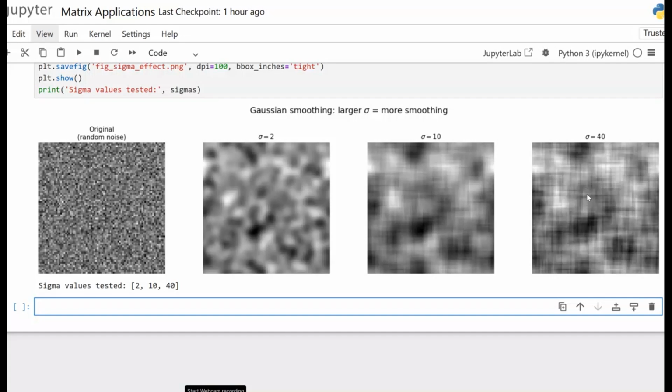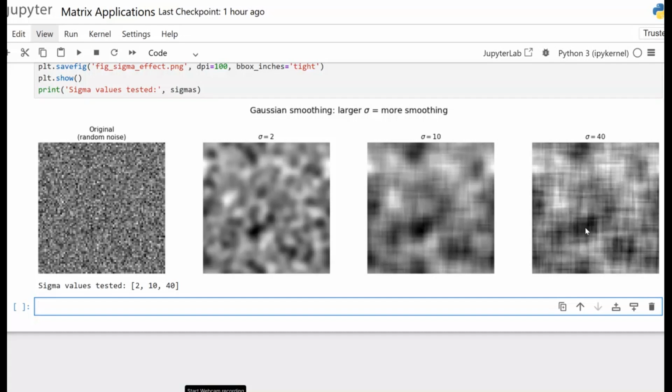I want to specify an important point: as sigma increases, the Gaussian kernel becomes wider, that is flatter, averaging over a larger neighborhood. The effect progresses from light denoising to aggressive blurring, which reveals only the coarse structure.